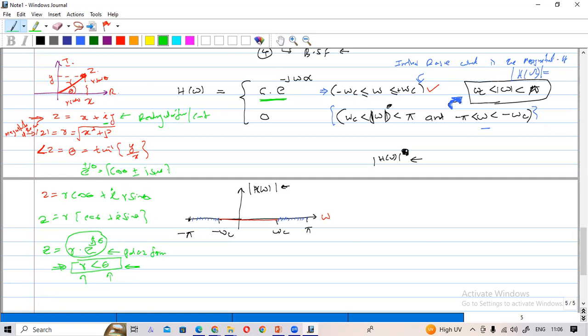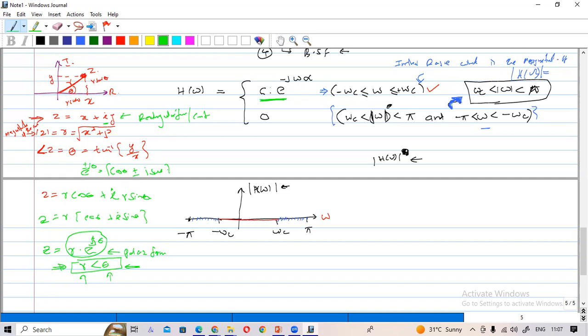Did you understand this? This is a complex number representation. This is actually a complex number. If you use the Euler formula, you will have C cos omega alpha plus i C sin omega alpha. So that is a complex number.